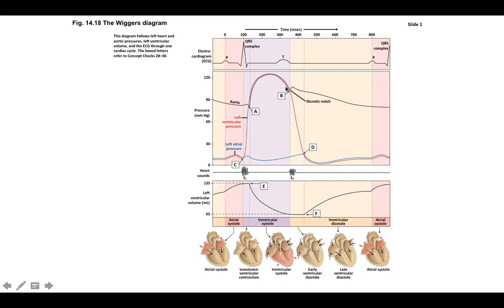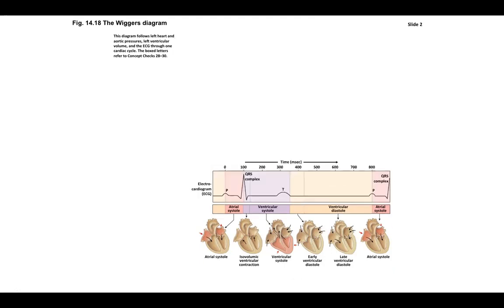All at the same time, it's also telling us what is happening with the electrical activity in the heart as well. So let's have a look through this diagram piece by piece.